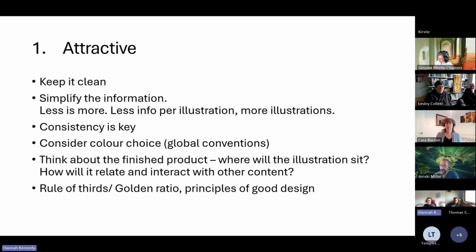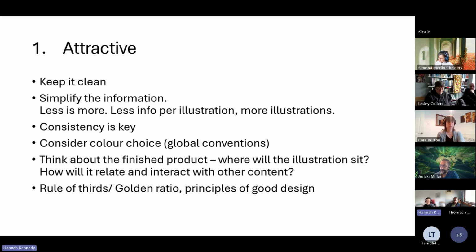I know that people might talk about page count, but if you have to put more effort into explaining what the illustration is showing you, then the illustration loses its value, it loses its worth. So think about the amount of data and information that you're trying to impart to the viewer and try to compartmentalize it so that it's more understandable for the reader who's trying to follow the context alongside this visual narrative.